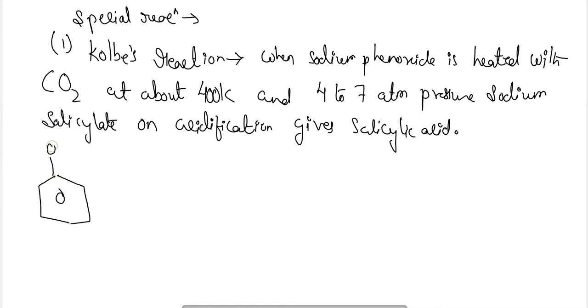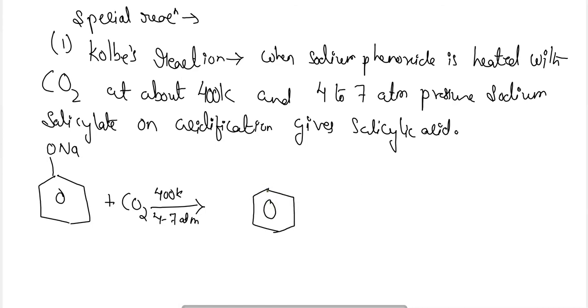Okay, so here when I am reacting sodium phenoxide with carbon dioxide at 400 Kelvin temperature, 4 to 7 atm pressure, it will form phenyl sodium carbonate.